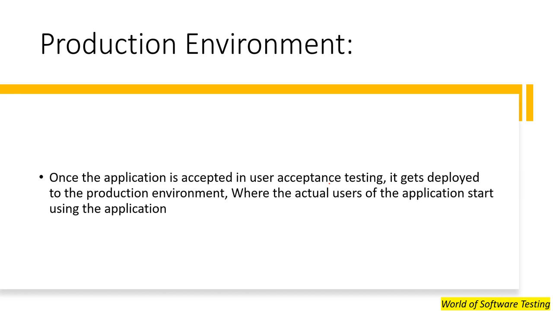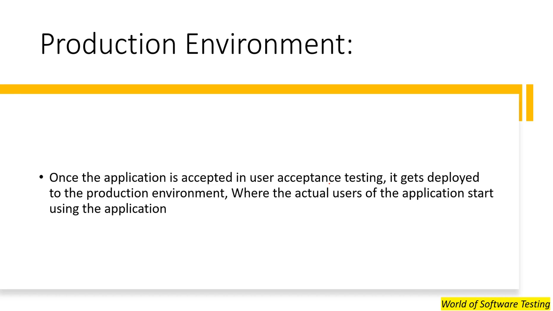When the actual users start using the application, the development team gets feedback from the end users and customers, including defects which need to be hot fixed as soon as possible so that they do not affect any business flow. Based on the feedback, the development team will try to accommodate the suggestions from the end users into the next releases, in the next iteration, if you are using the agile methodology.